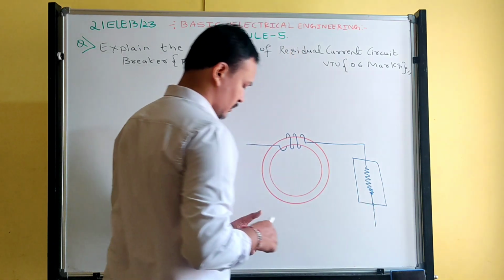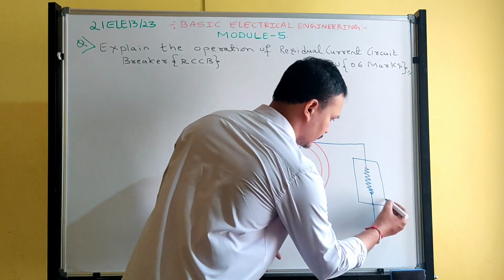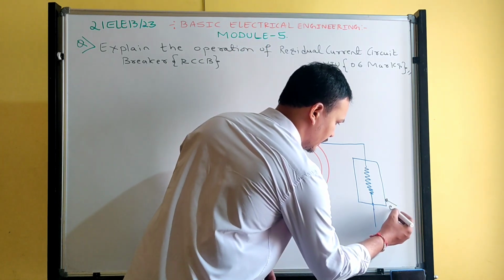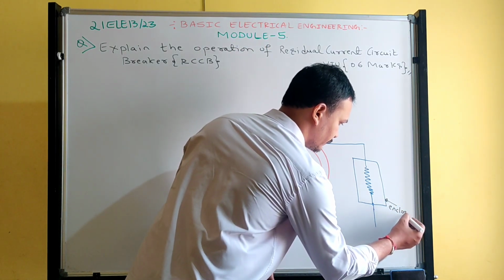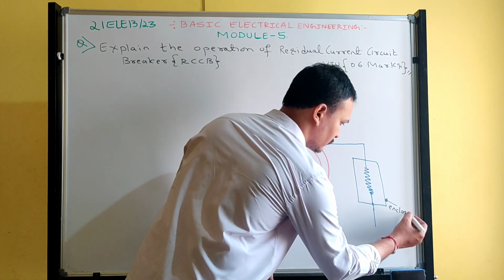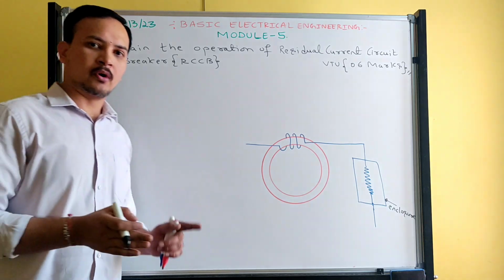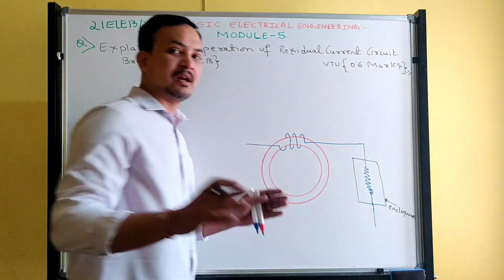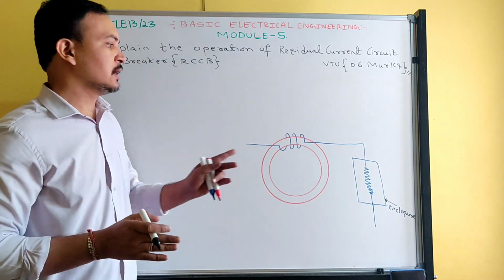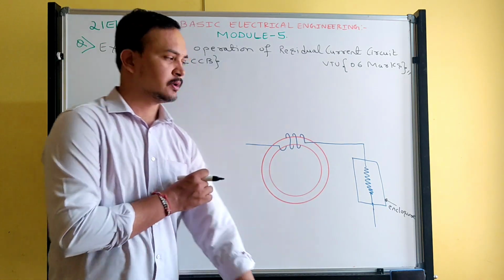This is called the enclosure, the outside body I drew, the outer frame of the body. This enclosure will not carry current; it is a non-current carrying part.